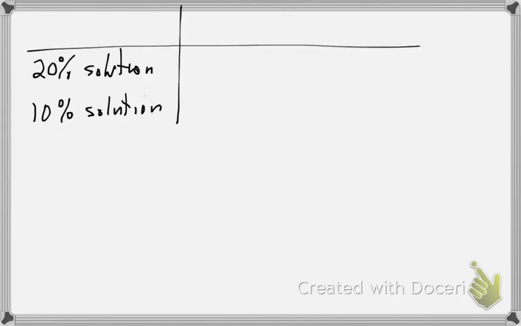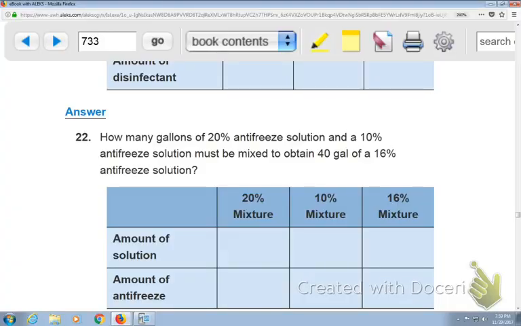And then we have the total volume and the substance, in this case antifreeze. But it could be anything. It could be salt in salt water, or it could be acid in an acid solution. So what are they asking us to find here?